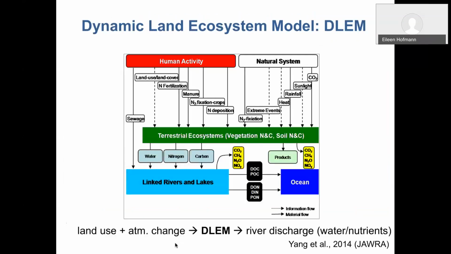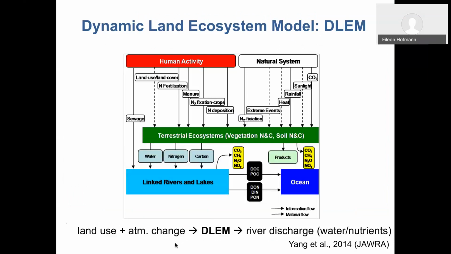Now, the inshore boundary of this is the estuary and the land. And the land component comes from a dynamic land ecosystem model that's done by Hanqin Tian's group at Auburn.